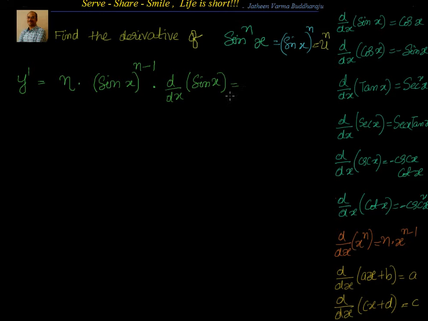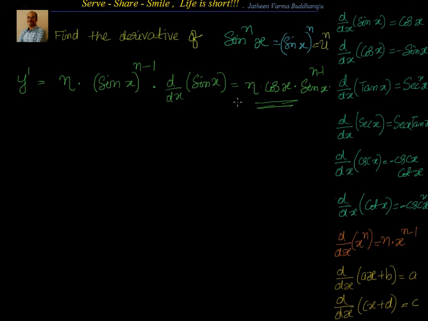That's equal to n into cos x, since the derivative of sin x is cos x, multiplied with sine to the power of n minus 1 x. That's the derivative of sine to the power of nx.